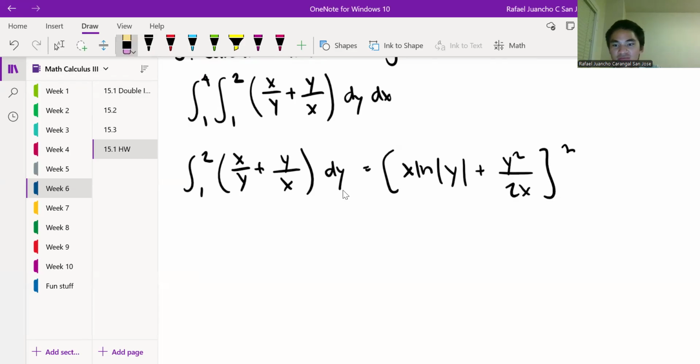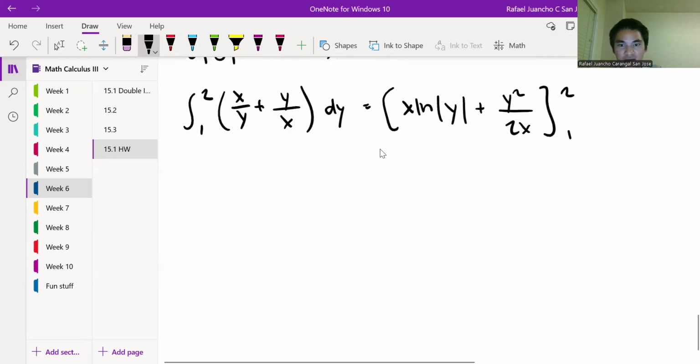Then we evaluate. So we plug all of these numbers in y. And so we get x ln 2. Is ln 2 a nice number? I don't think so. It's not. Plus, and I think this was 4 over 2x.